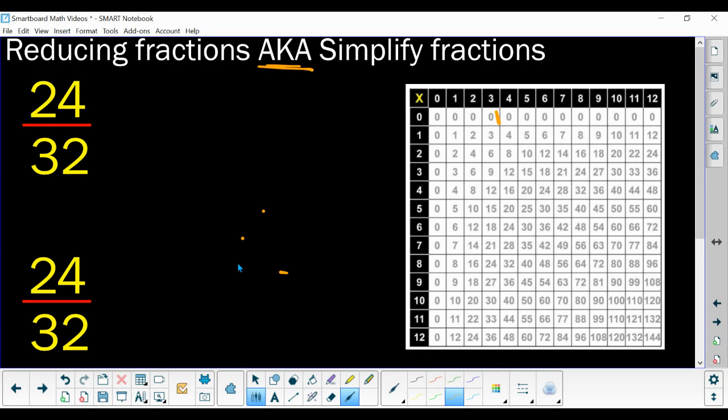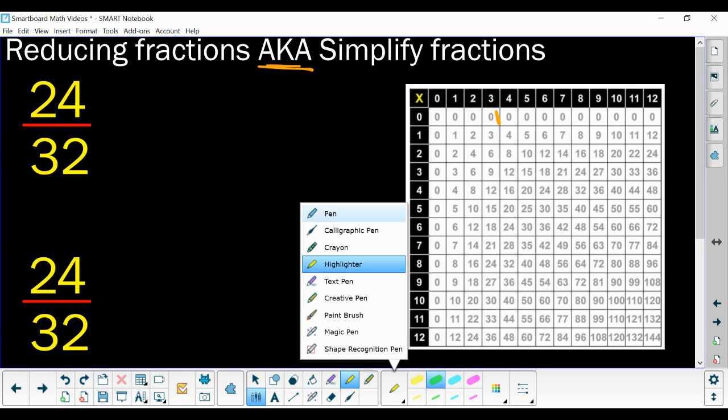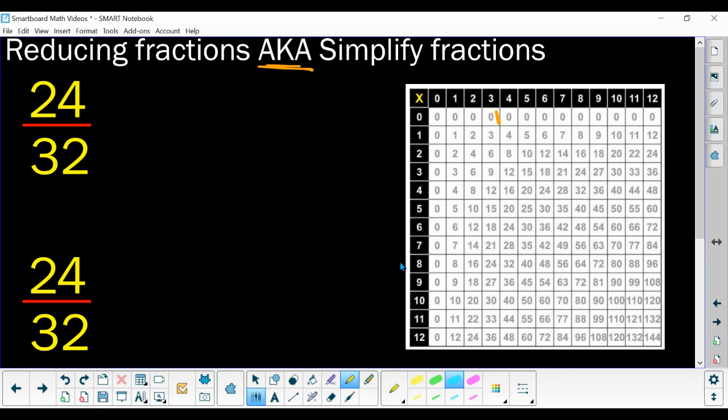All right. So I'm going to go right here. And like I said, when I say column, that means all the way up and down. They need to be aligned. So let's try to find if we can find 24 and 32 on here. Let's see.